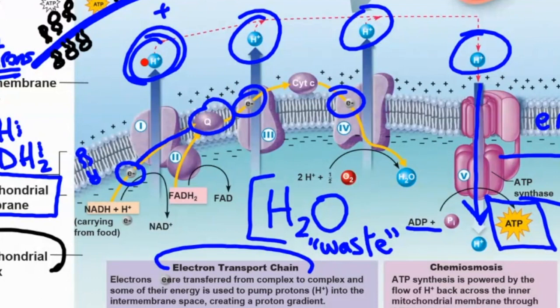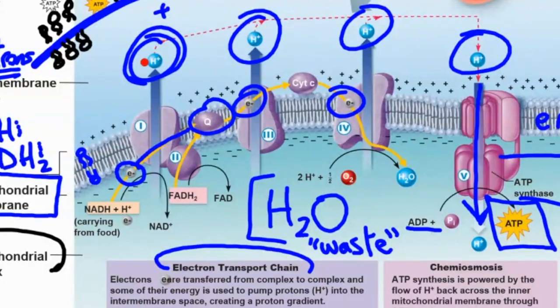So the electron comes back to that as it's converted into water. Water is a polar molecule, so the electron spends a little more time around the oxygen than it does the hydrogens.